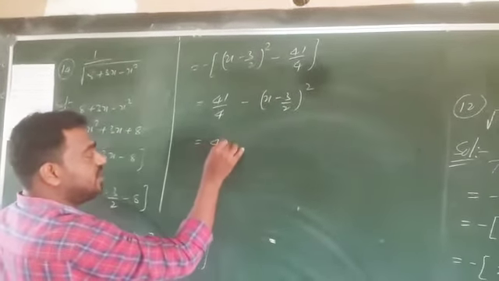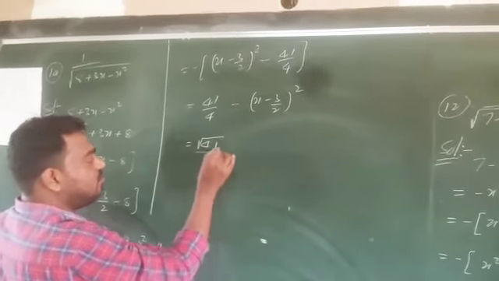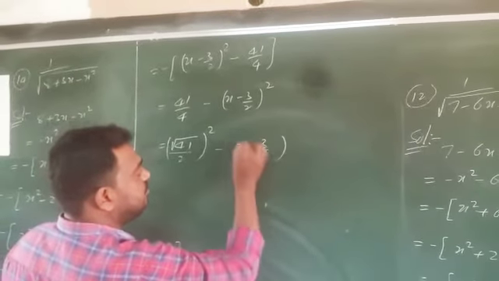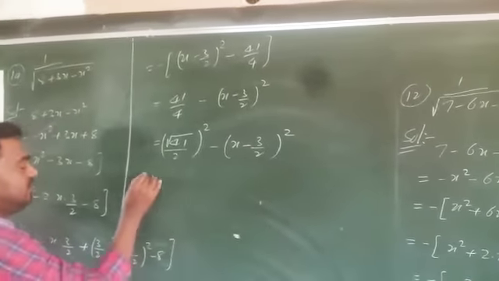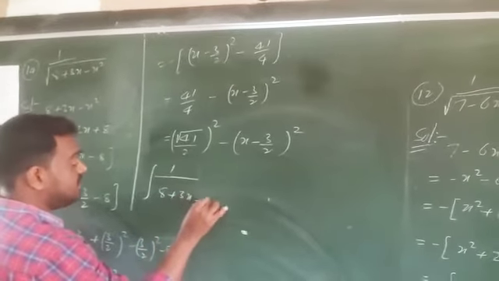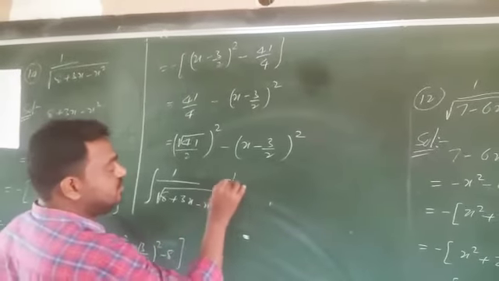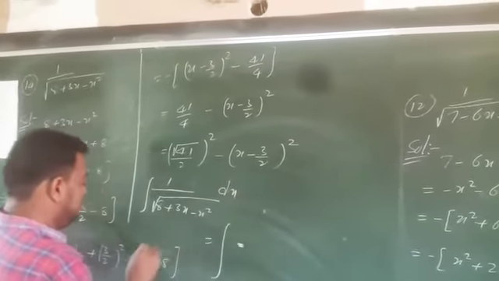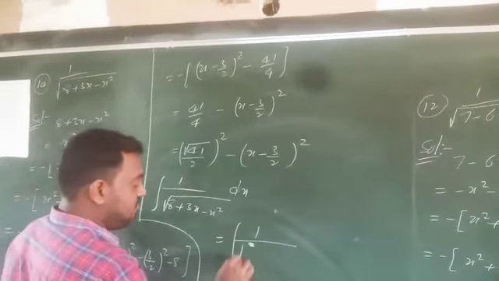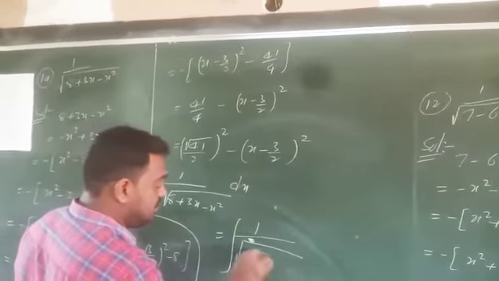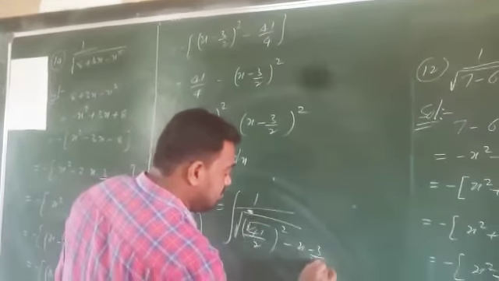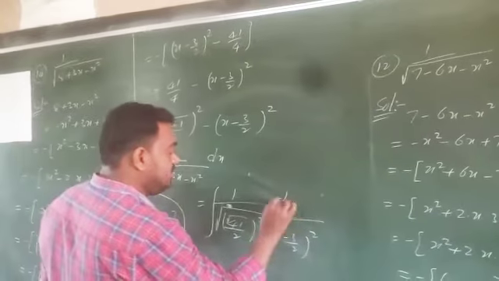This is equal to root 41 by 2 whole square minus x minus 3 by 2 whole square. Now integration of 1 by square root of 8 plus 3x minus x square into dx is equal to integration of 1 by square root of root 41 by 2 whole square minus x minus 3 by 2 whole square into dx.